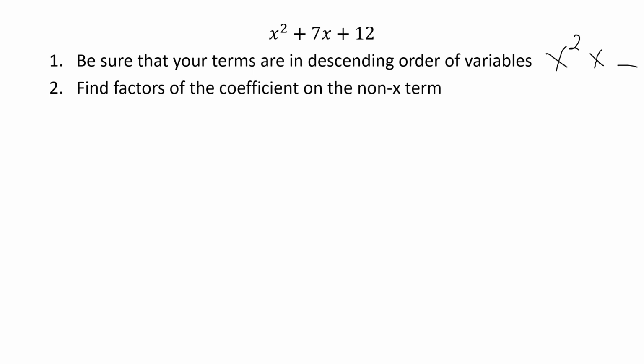And what you need to do is find the factors. Now there's a lot of words here. Find factors of the coefficient of the non-x term. That just means this last term: what can I multiply to get that number? I'm going to end up needing to find 2 numbers that when added together equal the number with the x, but the same set that when multiplied equal the number with no x.